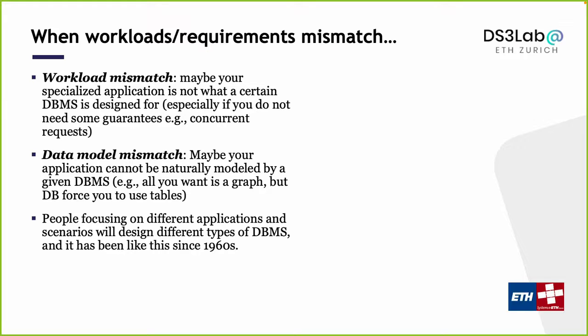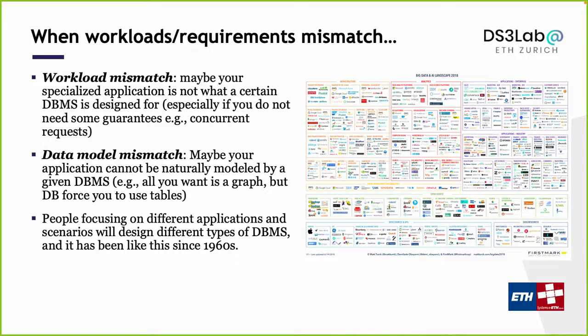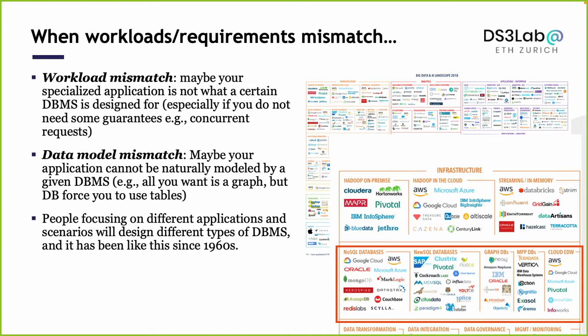The consequence of this is that people have been focusing on different applications and different scenarios, and they actually use different types of database systems. Some of them give you a weaker guarantee on some aspect, some of them give you a different data model, and so on and so forth. That is why, if you look at today's data landscape, you can see there's a whole bunch of database systems.